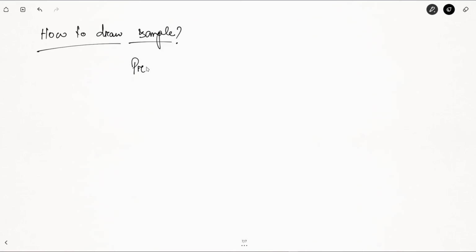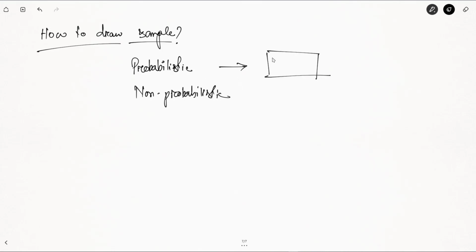One is probabilistic and one is non-probabilistic. Under the probabilistic approach, every member of the population will have some predefined chance of being included in the sample.